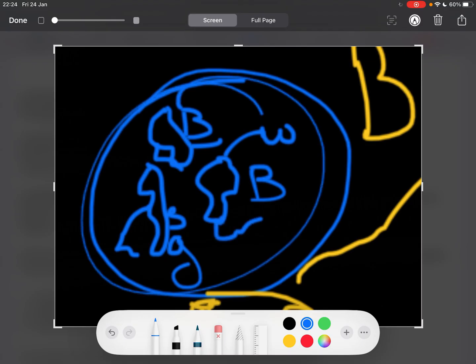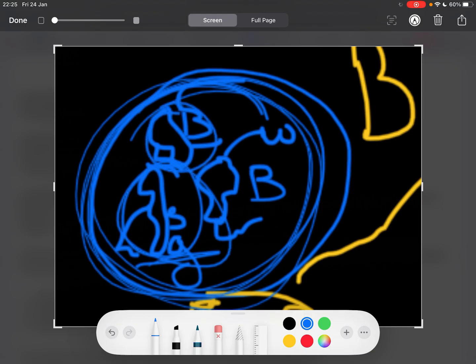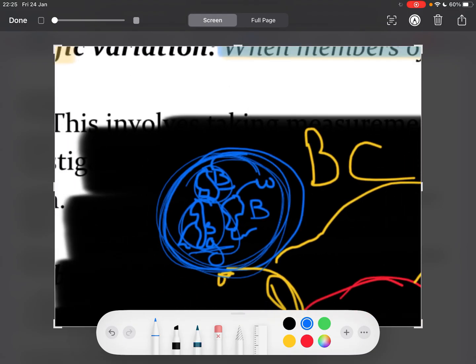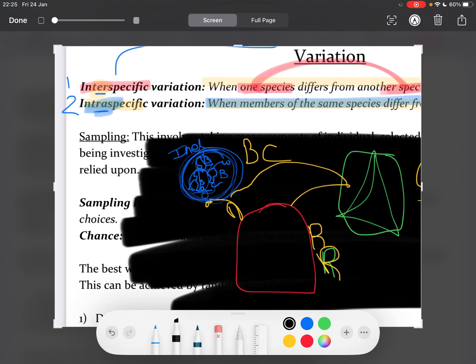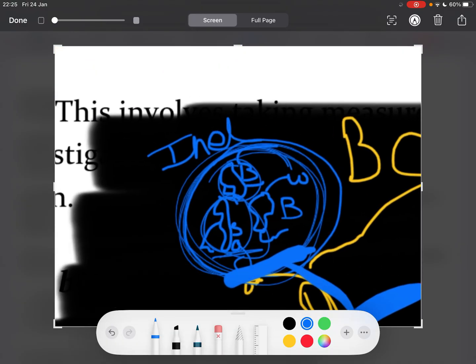So they're all the same species. They all go under the same exact species, but they vary. They have some variation, and this is the intraspecific variation. But how the species differ from each other, how this one differs from that one, is the differentiation between the species.